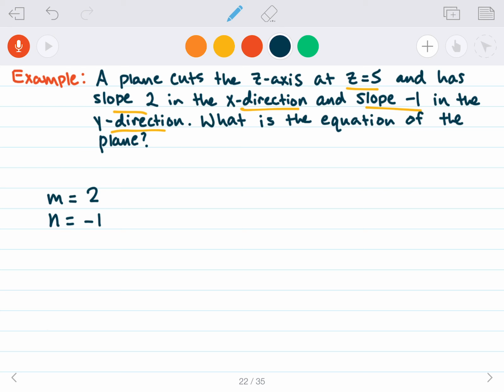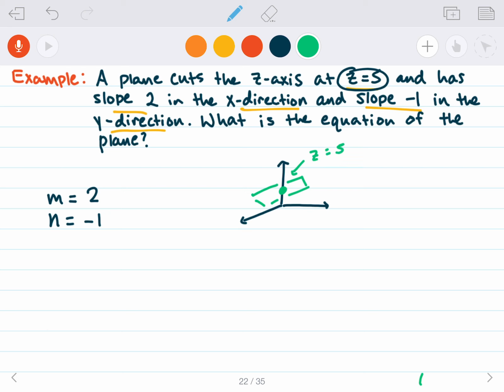Well, let's see. If the plane cuts the z-axis at z equals 5, it's going to look something like this. So it's going to cut this z-axis right here, and this is going to be at z equals 5.